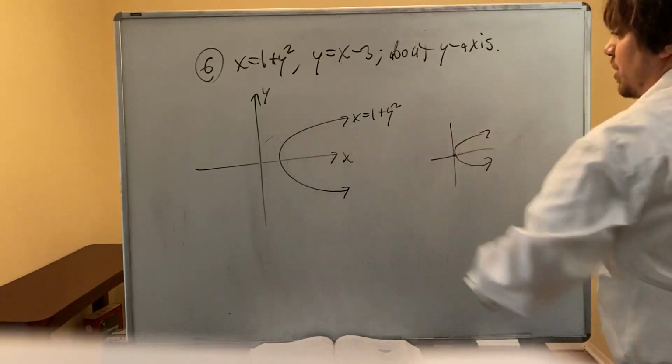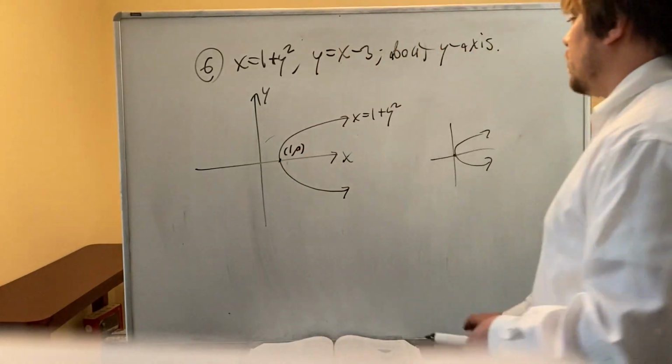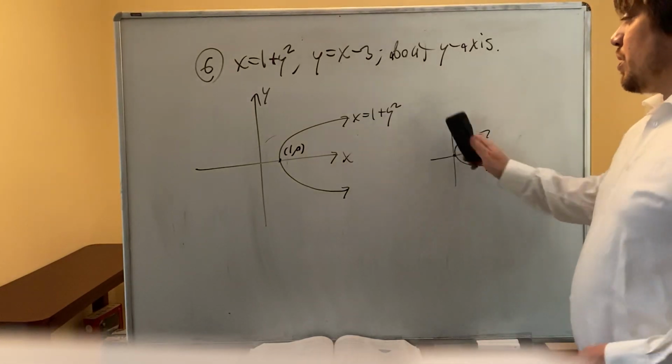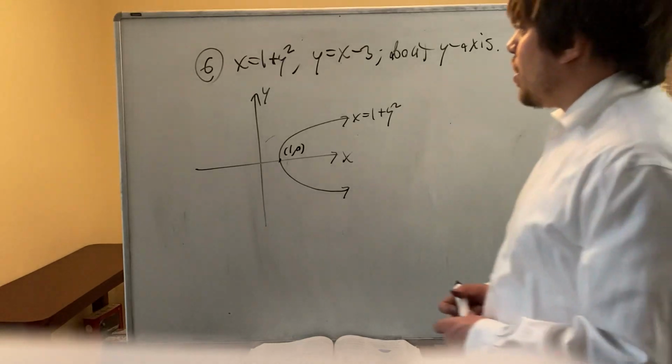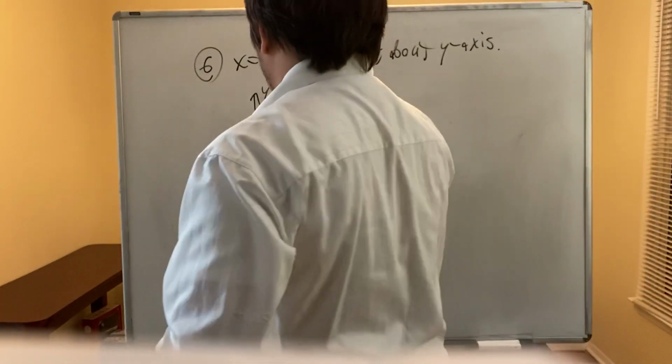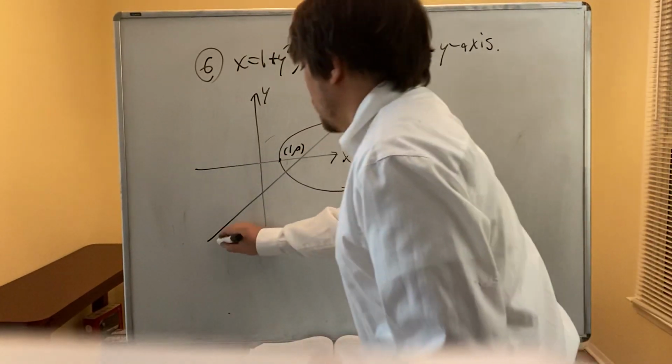So you move it to the right one and you get that. This point is (1, 0): when x is 1, y is 0. Okay, so that's x equals 1 plus y squared, and then there's y equals x minus 3. That's y equals x translated down by 3 units, and so that's y equals x minus 3.